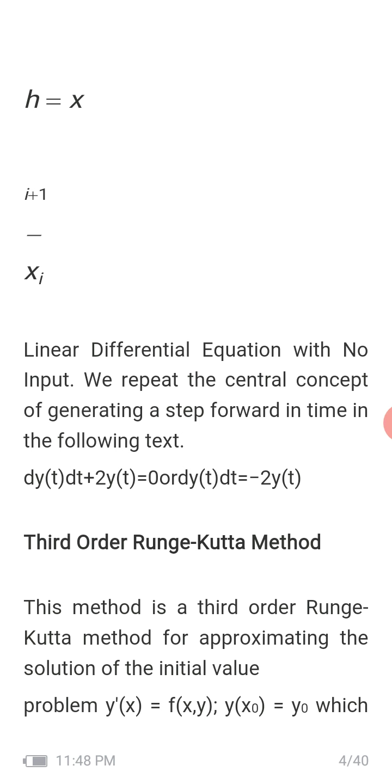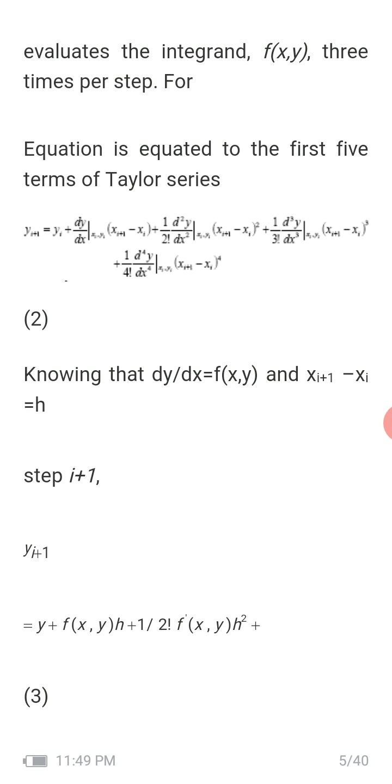The third order RK method. This method is a third order RK method for approximating the solution of the initial value problem, that is y dash equal to f(x, y) with the initial condition y(x naught) equal to y naught, which evaluates the integrand f(x, y) three times per step.